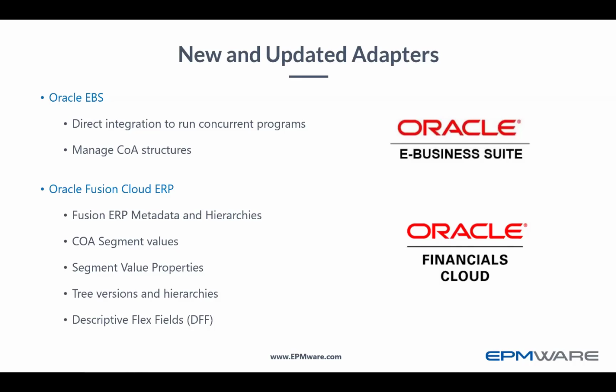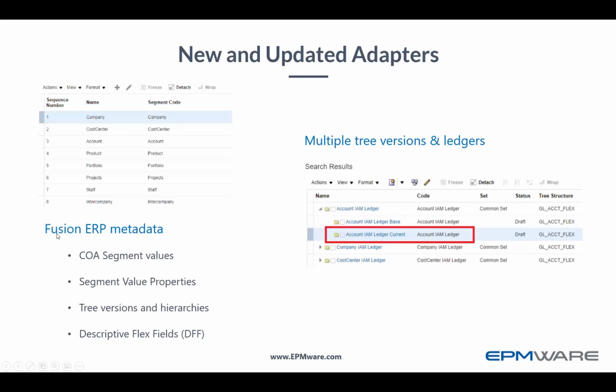So particularly, we've seen that maintaining metadata in Fusion Cloud ERP is a little bit more of a headache than it is in EBS, and there's quite a number of screens that you need to click through in order to maintain multiple versions of your tree and the hierarchies there. So in EPMware, you're able to not only manage this from one single page, but you're also able to now share this metadata with other applications.